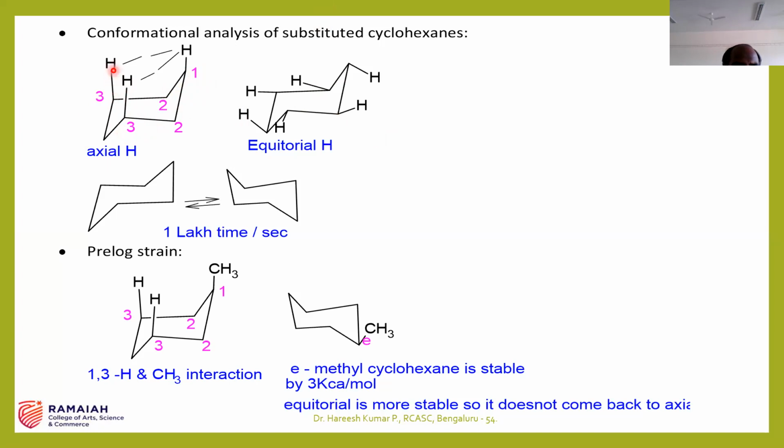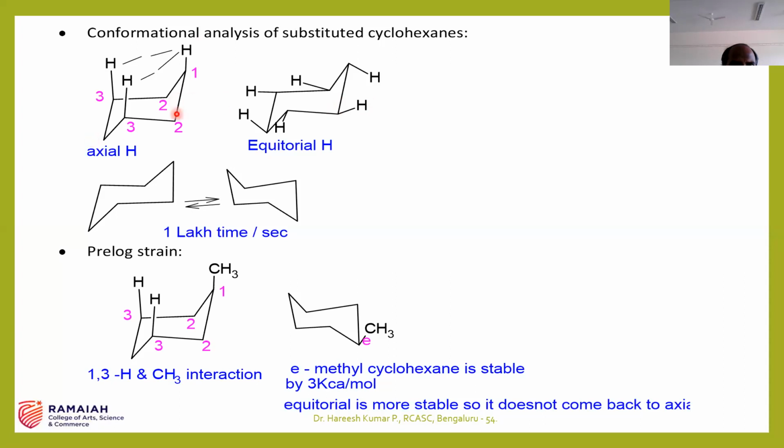This is also an axial hydrogen, and this is also an axial hydrogen. So there will be an interaction, called the 1,3 diaxial interaction. Because of this 1,3 diaxial interaction, this moiety is unstable compared to the equatorial hydrogens.